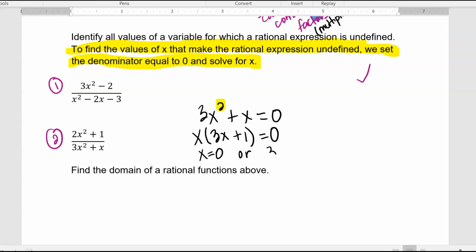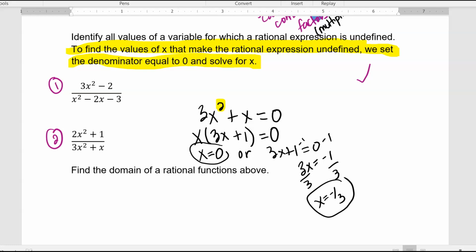One solution is 0, and the other solution, if we subtract 1, we get 3x equals -1, divided by 3, x equals -1/3. So these are the two values that would make the rational expression undefined if we plug those two particular numbers into the rational expression.